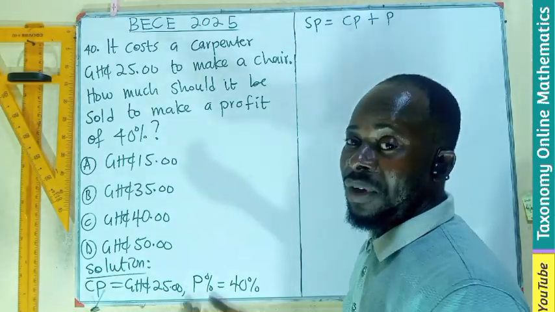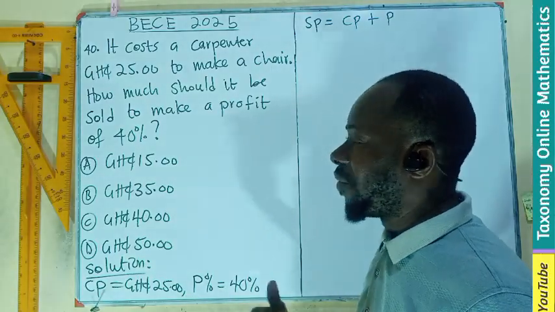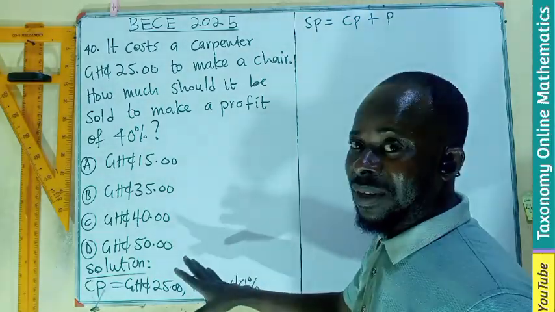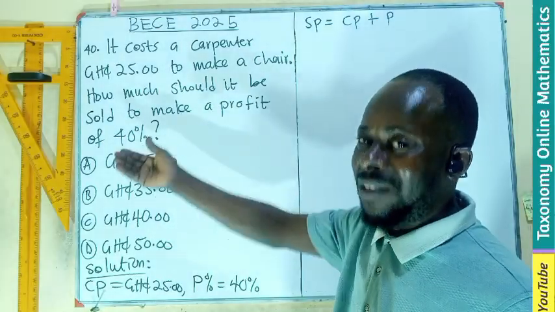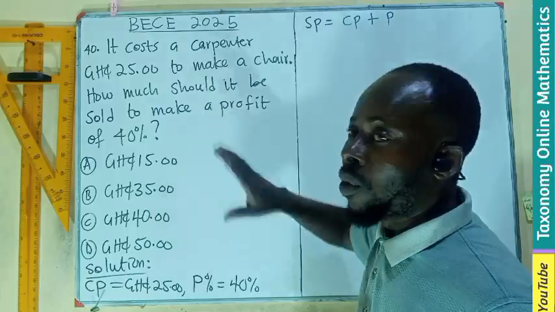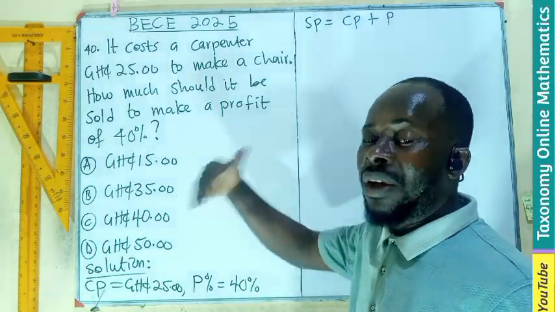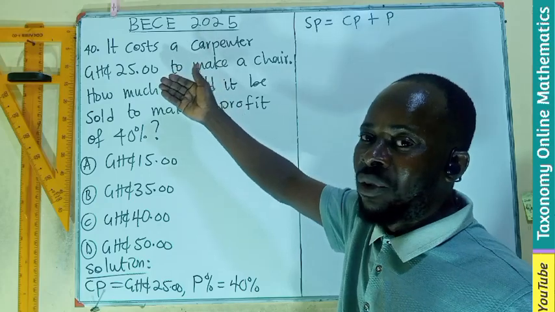And we can find the profit in two ways. The profit can be the 40% of the cost price. That's the profit. This 40% is actually 40% of the 25.